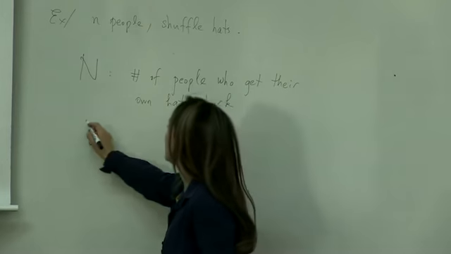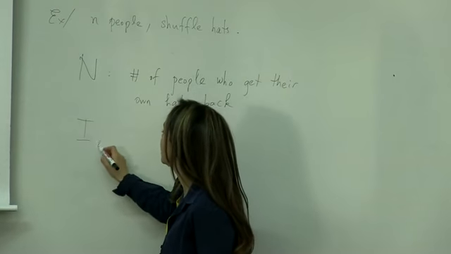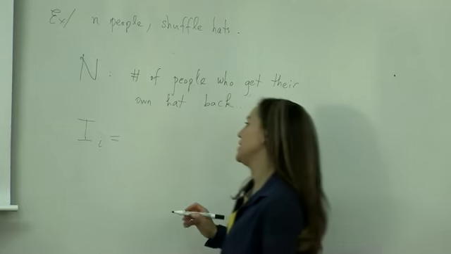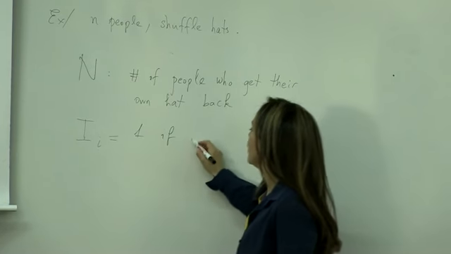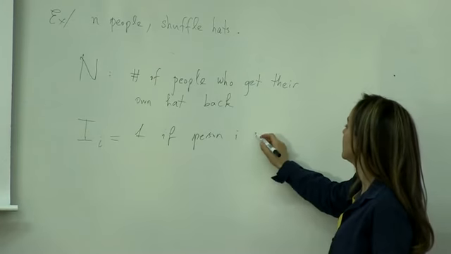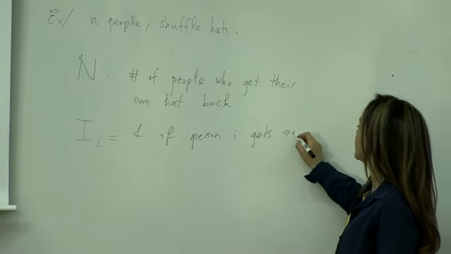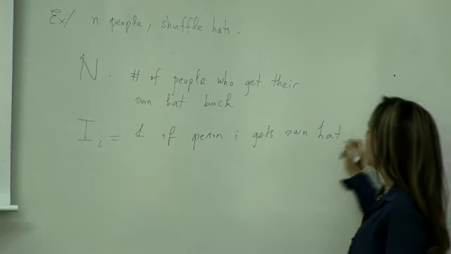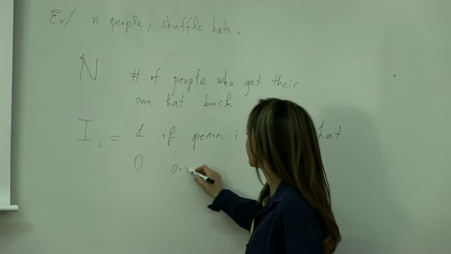We defined last time the indicator function I sub i as being equal to 1 if person i gets their own hat, and 0 otherwise.